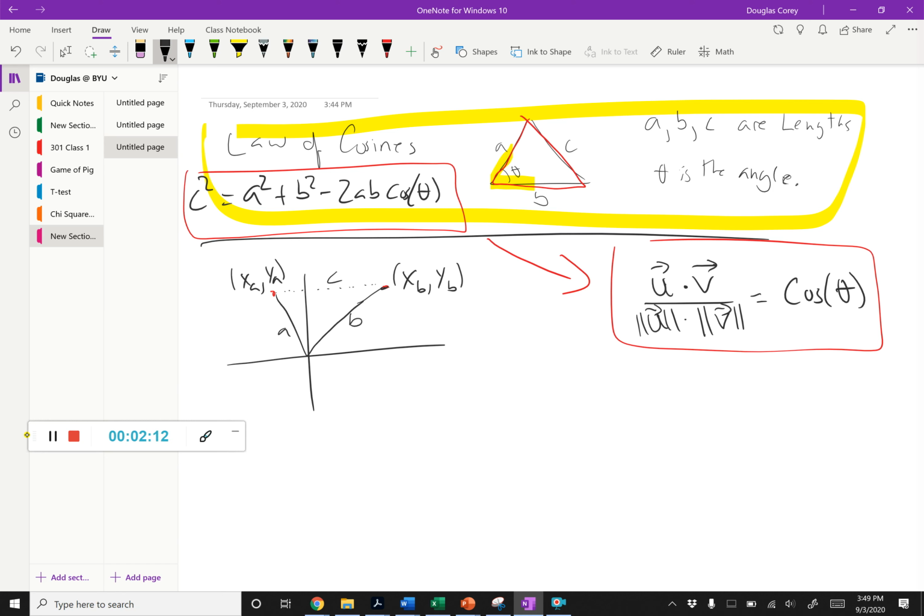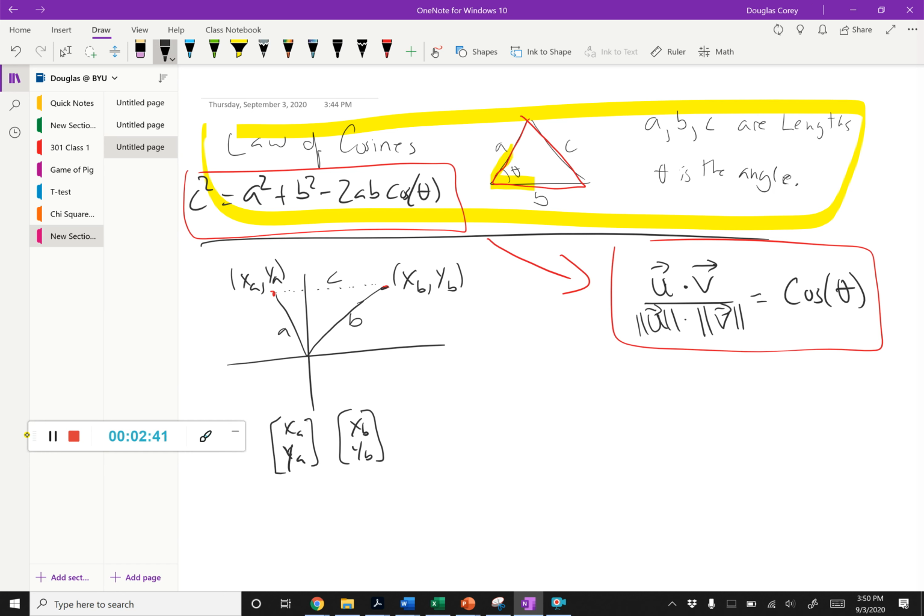And if I think of them as vectors, then x a, y a is one vector and x b, y b is another vector. We're going to use these points to work things out.